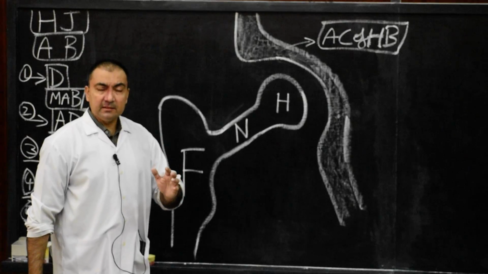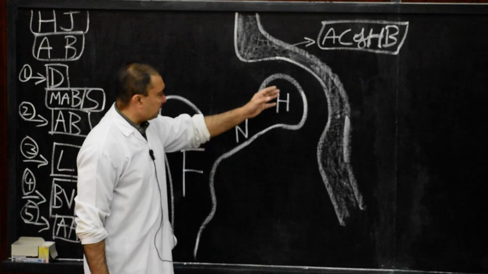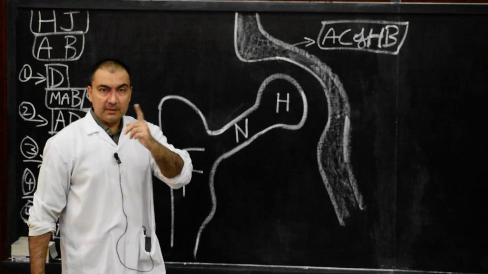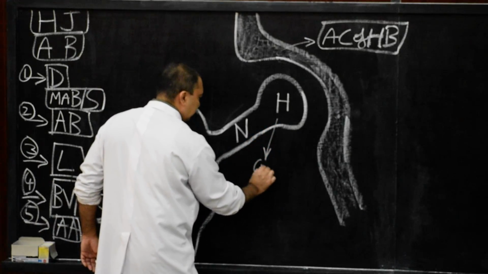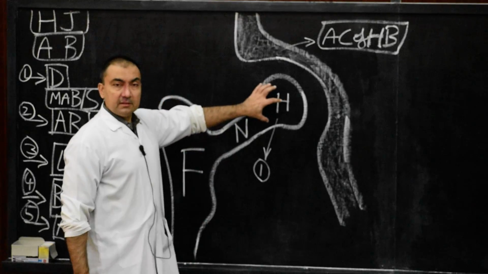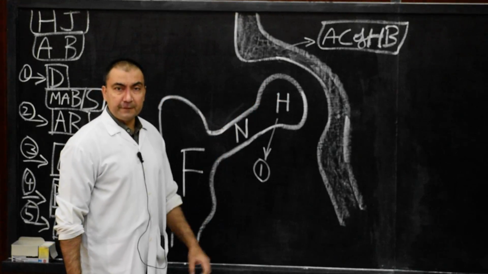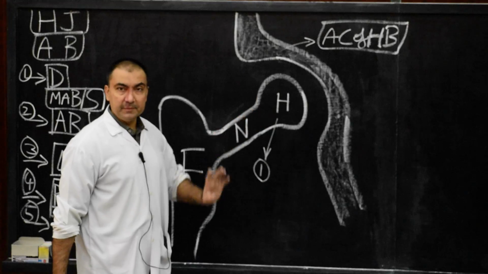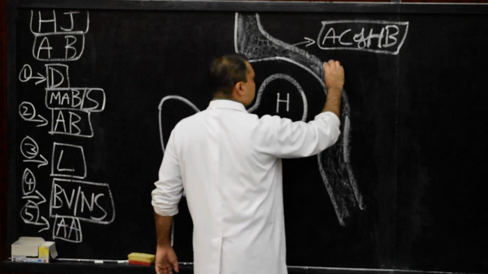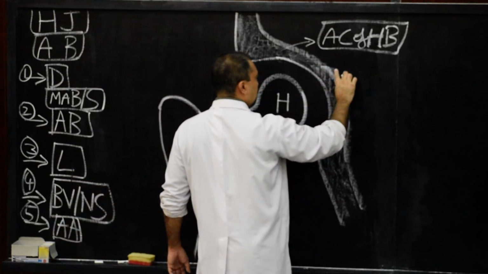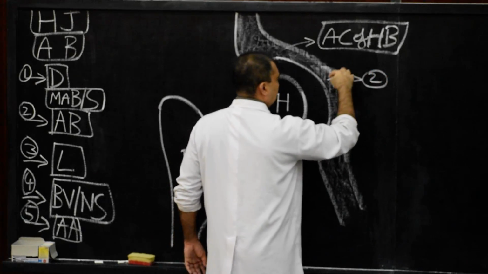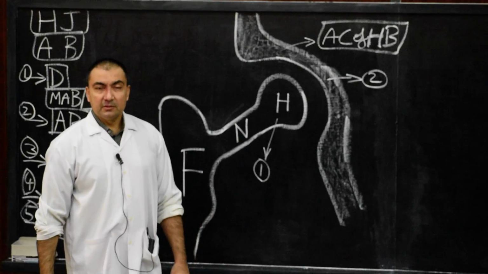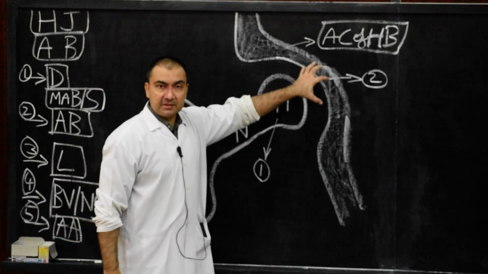Now the articulating bones which will take part in formation of the hip joint will be two. Number 1, the first part will be the head of the femur. The second part which will take part in articulation will be the acetabular cavity, which will form a socket-like structure.